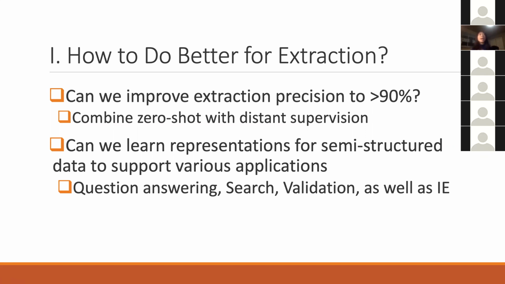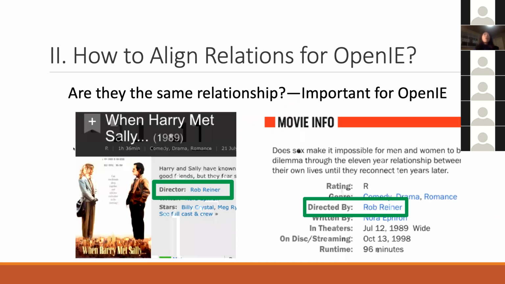So far, this is about extraction. So some of you might have been already thinking, if I get open IE extraction from this about a movie director and from this about movie directed by, how can I put all of them together? How can I decide if director and directed by are representing the same relationship? So this is very important for OpenIE.